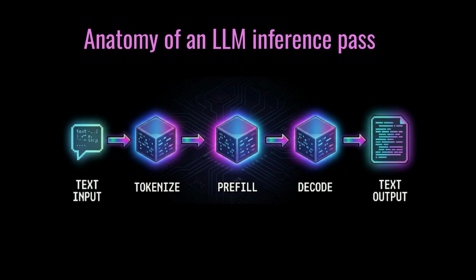We did this on a Qwen 3.6 model, one of their latest mixture of experts models. And once we understood that these are the different phases, we began to take a look at how it works.